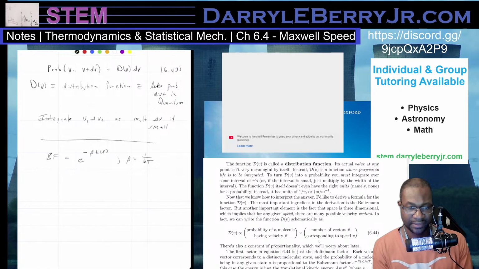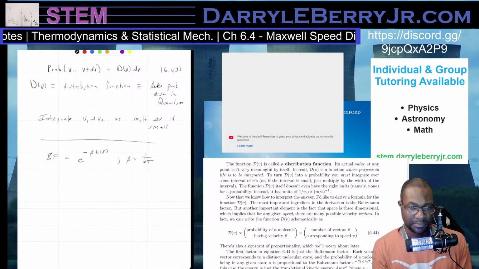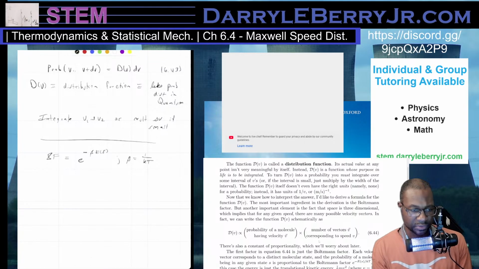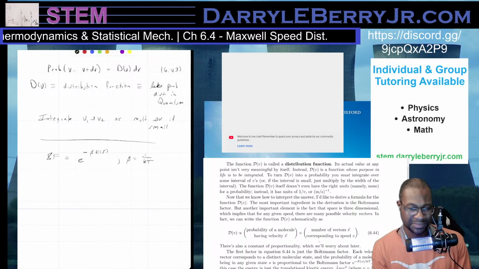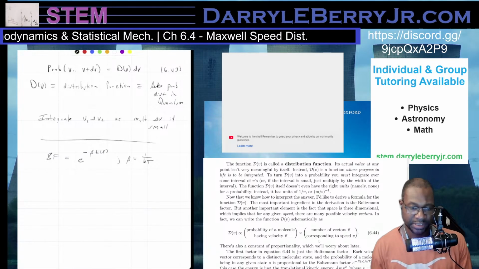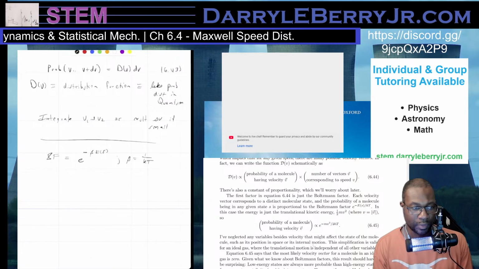Another important element is the fact that space is three-dimensional, which implies that for any given speed, there are many possible velocity vectors. In fact, we can write the function D(v) schematically as D(v) is proportional to the probability of a molecule having velocity v and the number of vectors v corresponding to speed v. There's also a constant of proportionality, which we'll worry about later. The first factor in equation 6.44 is just the Boltzmann factor.